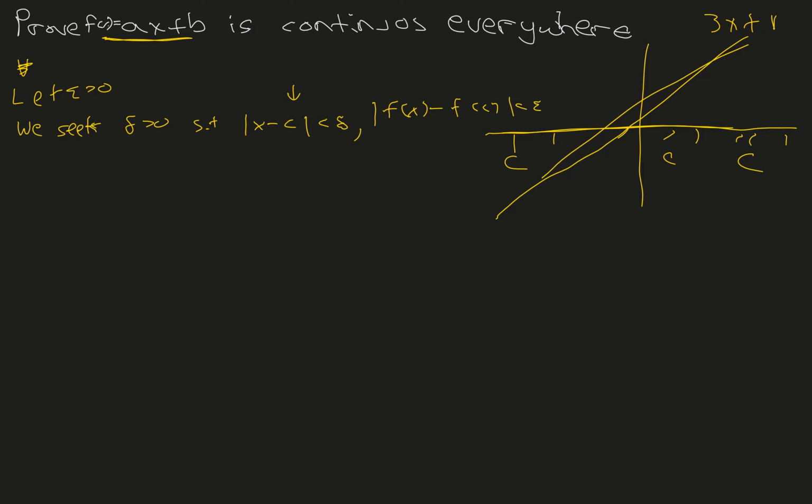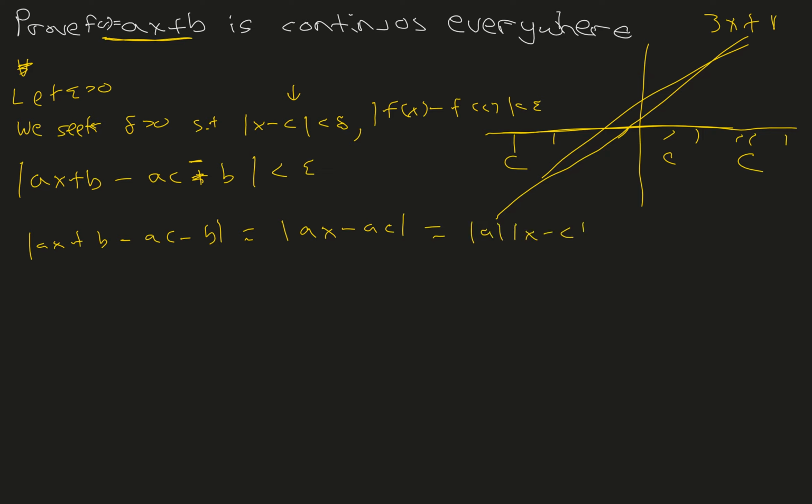So f of x minus f of c is ax plus b minus (ac plus b), which we have to show is less than epsilon. ax plus b minus ac minus b simplifies to ax minus ac, which further simplifies to |a||x minus c|. So we have to show that this is less than epsilon.